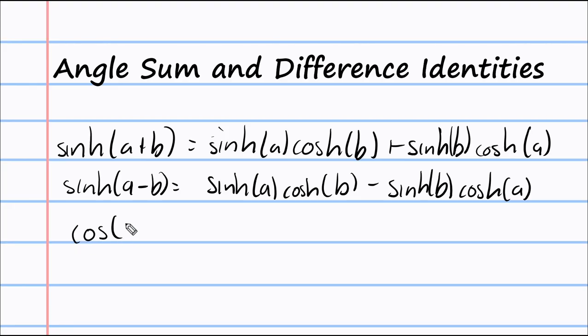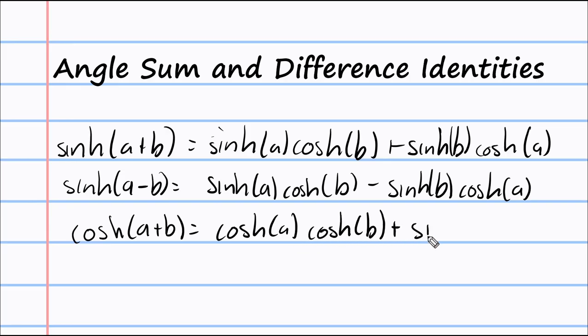Cosh of a plus b is equal to cosh a times cosh b plus sinh a times sinh b. So what I was talking about earlier is for regular trig, cosine a plus b is equal to cosine a times cosine b minus sine a times sine b. But here you're adding them, so that's the only difference.